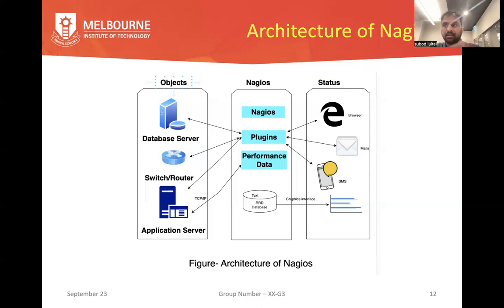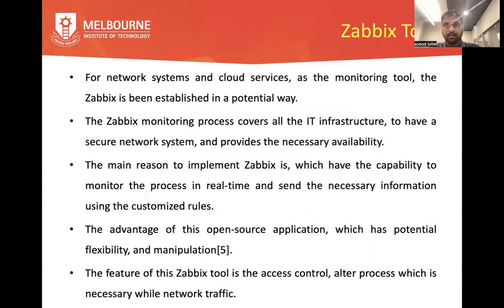Nagios relies on plugins to collect data from the hosts and the servers, so we install the necessary plugins based on what we want to monitor. And for the next slide about Zabbix, my friend Abhishek will explain more. Thank you.